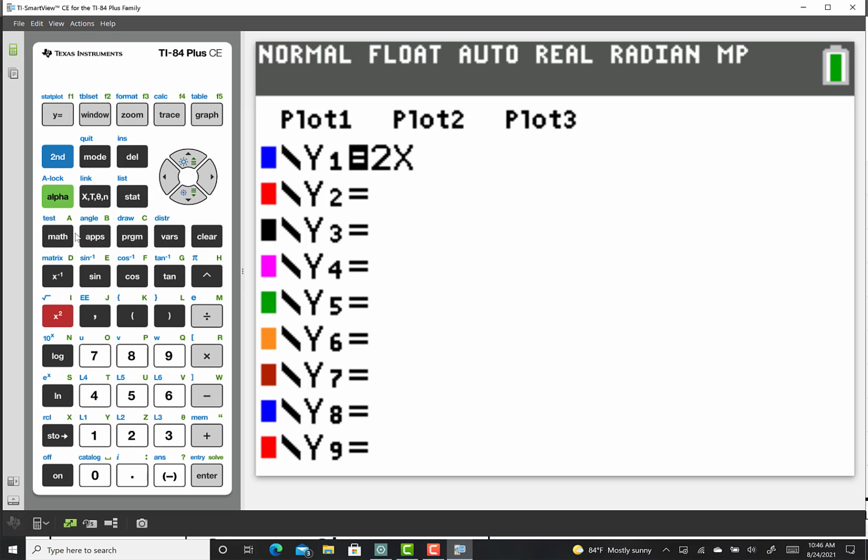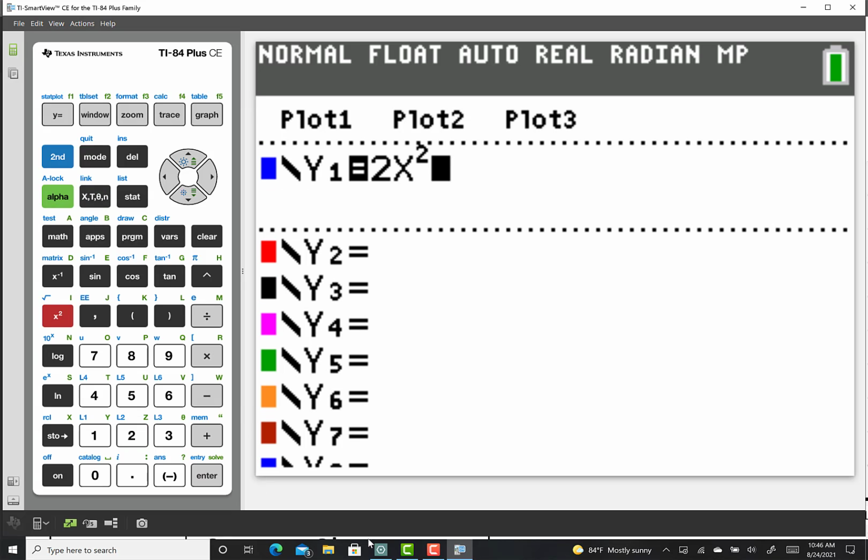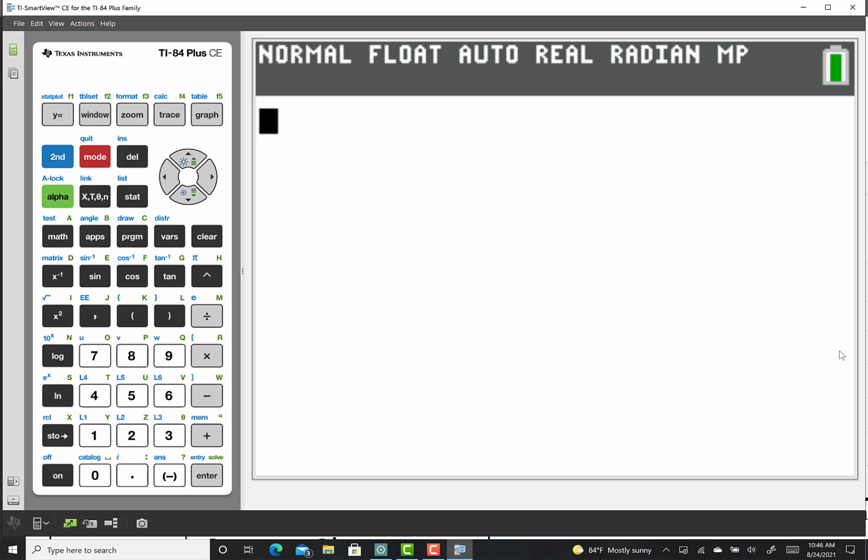2x squared. The x is right next to the alpha key, guys. Minus what? So do that. Everyone type that in? Okay, go to the home screen. So second quit. So your home screen looks like this.